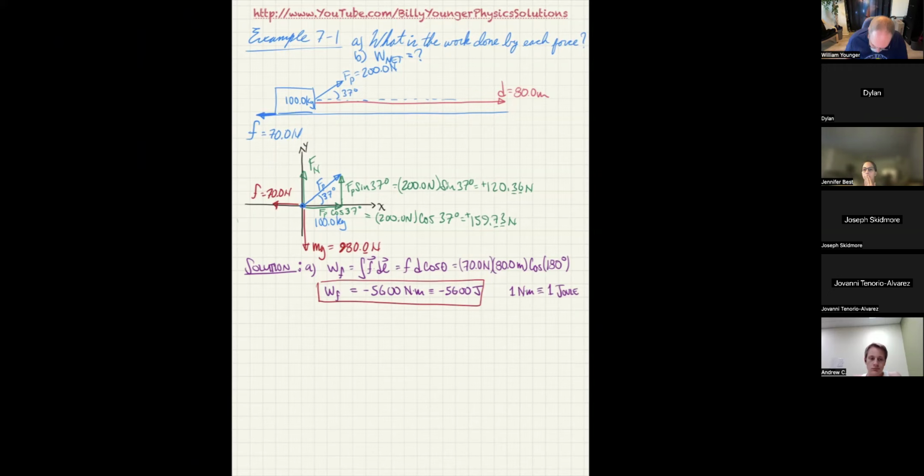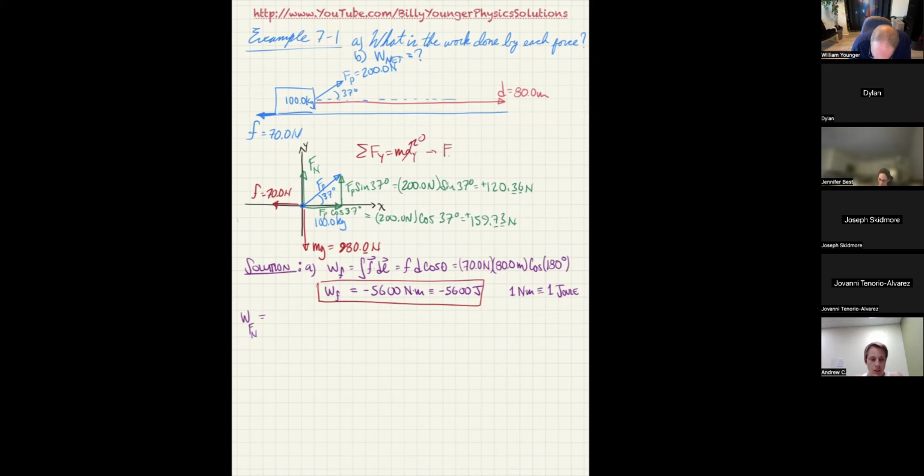Okay. Now, if we want the work done by the normal force, we could say the work done by F normal is equal to F normal, which you can see from the summation of forces in the y direction equals mass times acceleration in the y direction, which is 0.